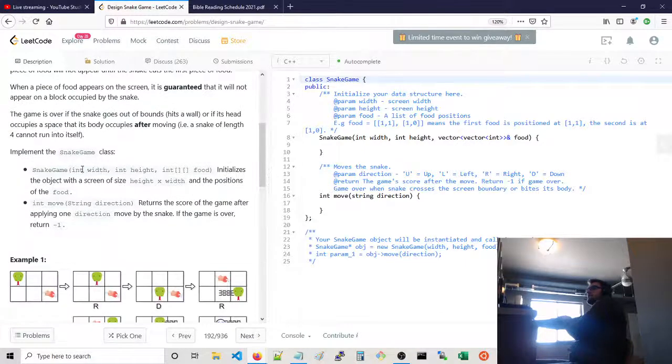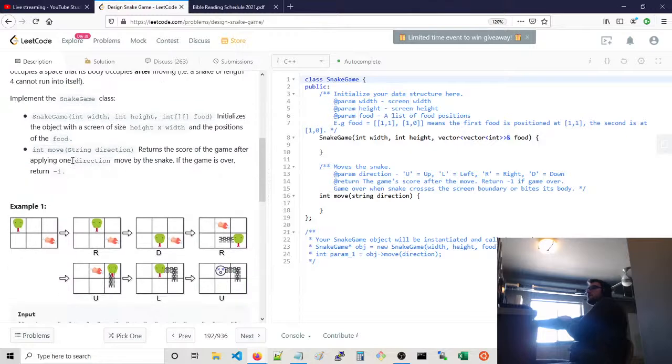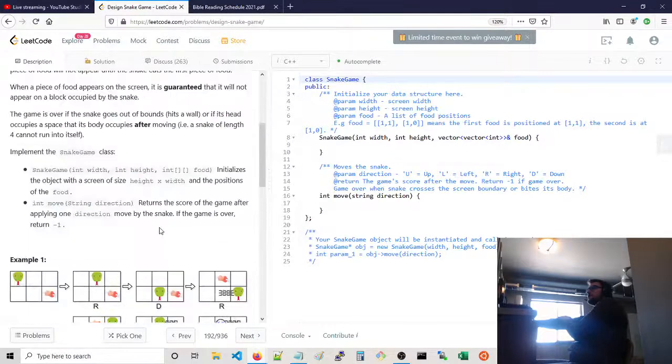SnakeGame takes int width, int height, and int food, and initializes the object with a screen of size height by width and the position of the food. Int move takes a string direction and returns the score of the game after applying one direction move by the snake. If the game is over, return -1.